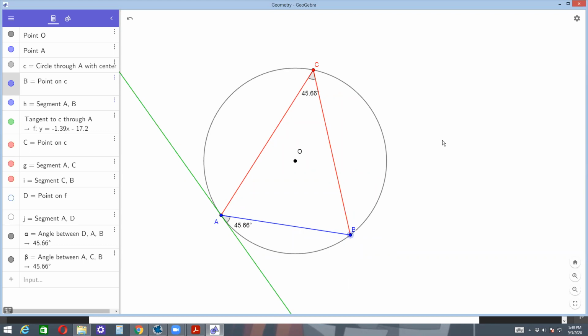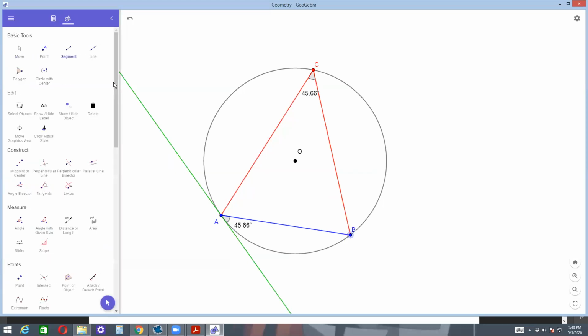What if you connect OA and OB, and then you could say that angle AOB is twice the angle ACB. And then you know that OA, well, A is a tangent to OA, so it's 90 degrees here. So this would be 90 minus alpha. This is 90 minus alpha.